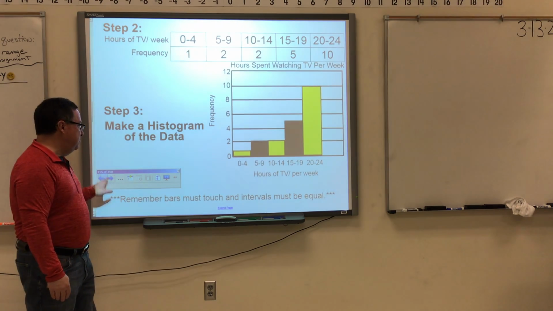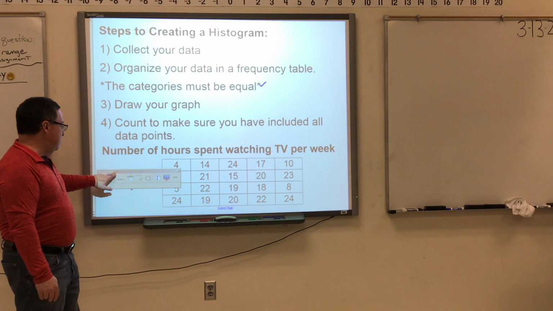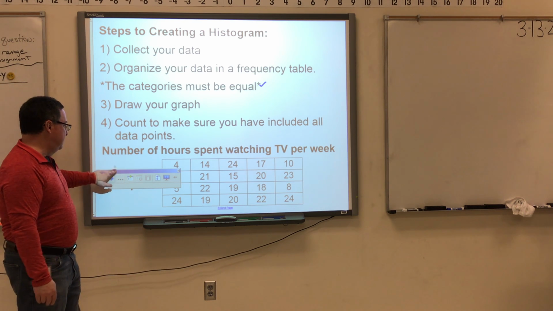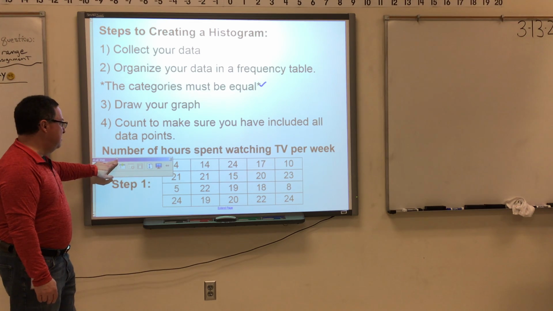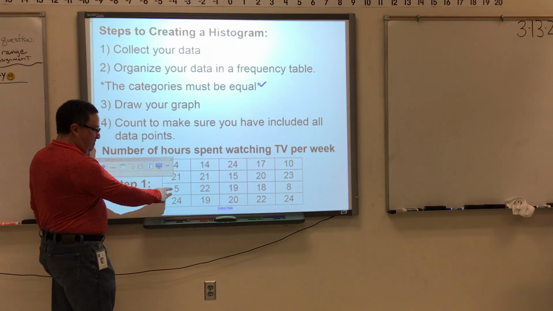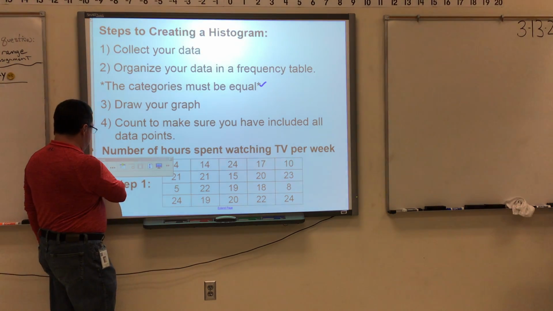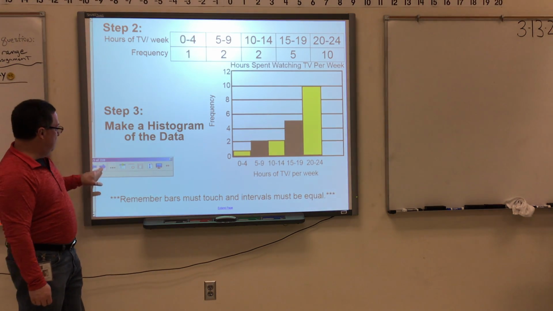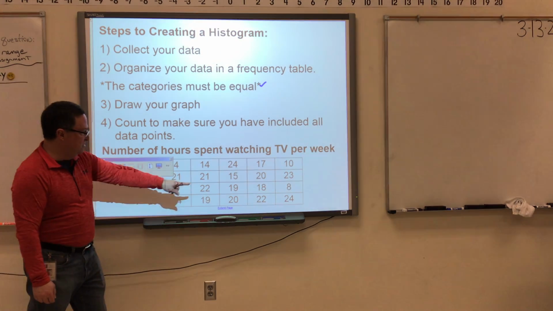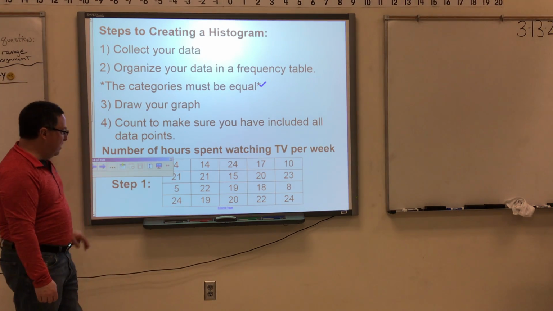And I would suggest you do this the same way that we did this previously with statistics. Meaning, I'm going to look for a 4 and a 5, or I'm going to look for anything between 0 and 4. So if I look between 0 and 4, I see one number.